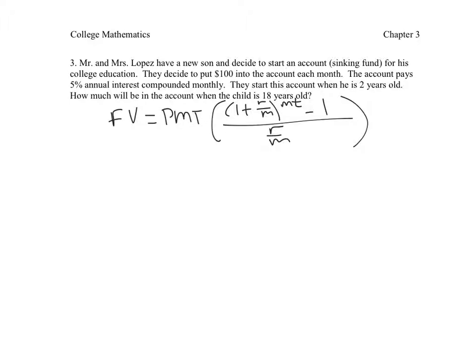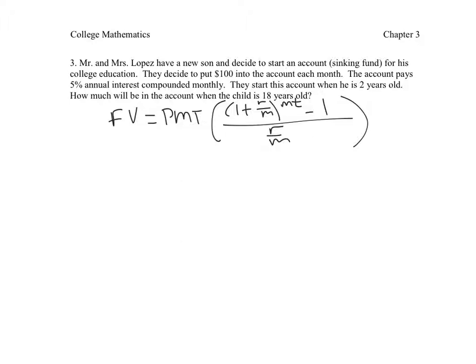As long as I can copy it down correctly, that's going to help. Also, the more times you copy it down, the more familiar you become with it. And even though you will have access to notes on the test, you're going to find that it's much more helpful if you have an idea of what the formula looks like before you actually have to find it on the sheet to copy it down.